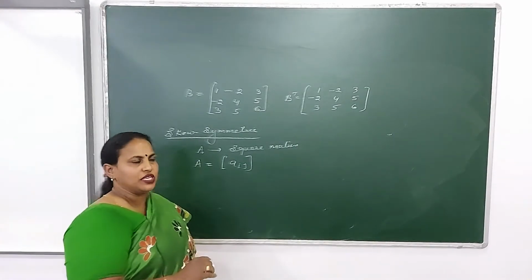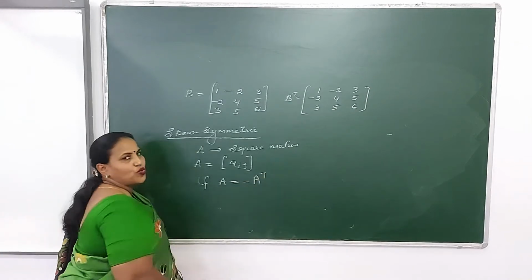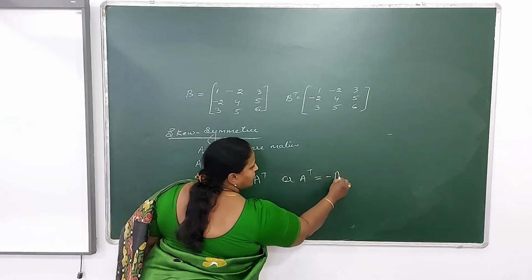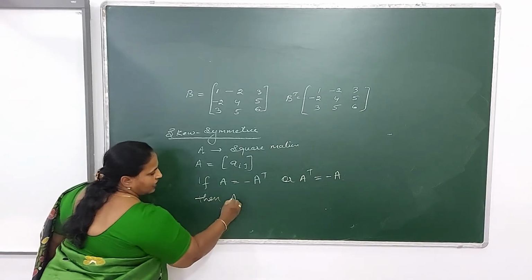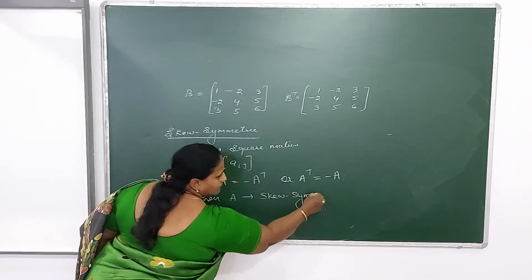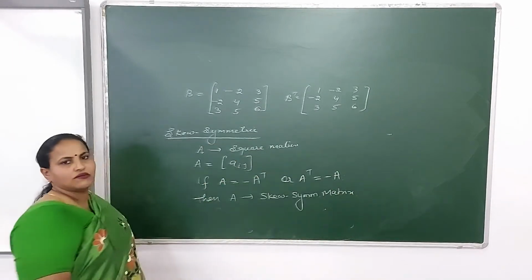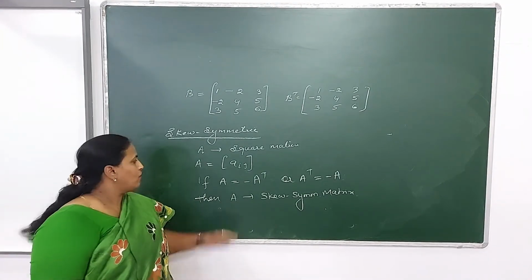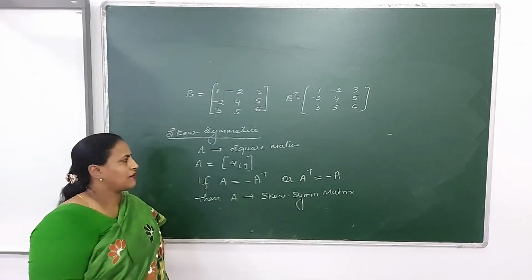Skew symmetric matrix means if A is equal to minus of A transpose, or A transpose is equal to minus of A, then we'll say that A is a skew symmetric matrix.